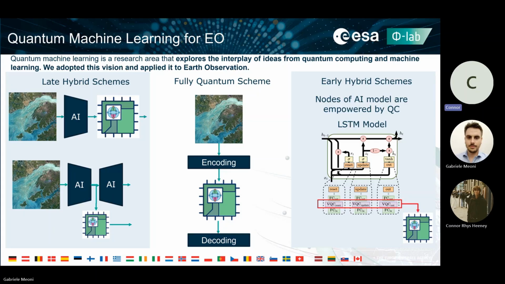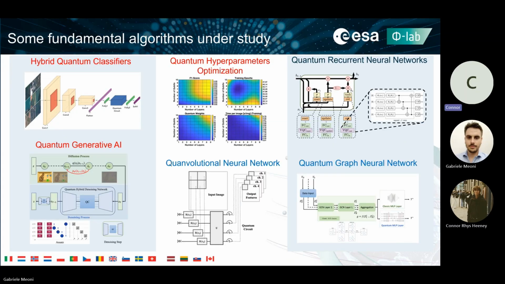Early hybrid schemes do a bit of quantum, classical computing, quantum, classical computing. There are some fundamental algorithms under study. Nowadays, you have hybrid quantum classifiers, also for Earth observation. You have quantum generative AI; it's possible to generate data using quantum computers.